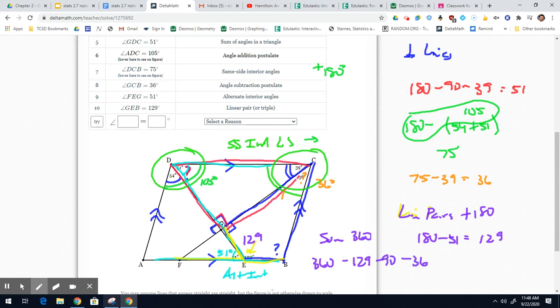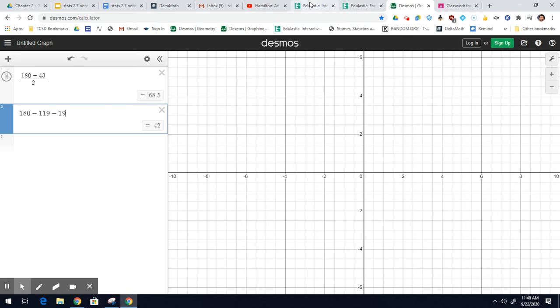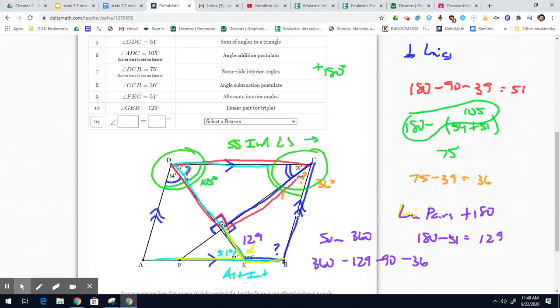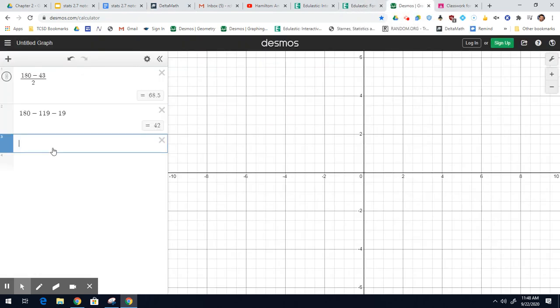And that will get me this angle B. So here we go. 360 minus 129 minus 90 minus 36.